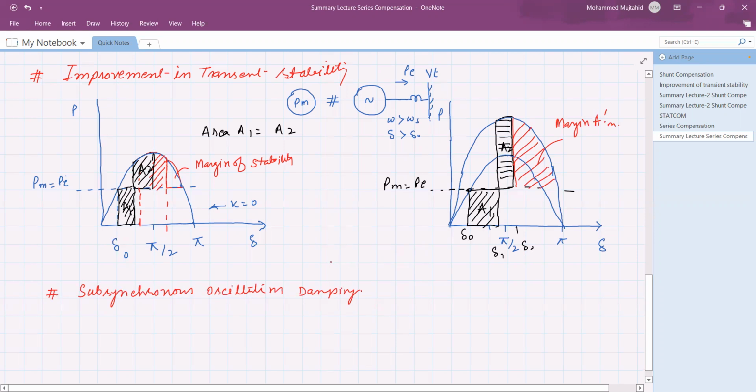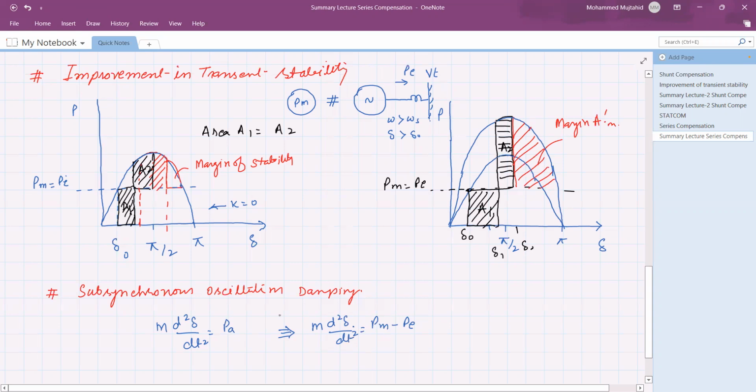We know that it is the swing equation. The swing equation, just remember it. It is M d square delta upon dt square is equal to Pa, where Pa is the acceleration power, or it may be written as M d square delta upon dt square is equal to Pm minus Pe.